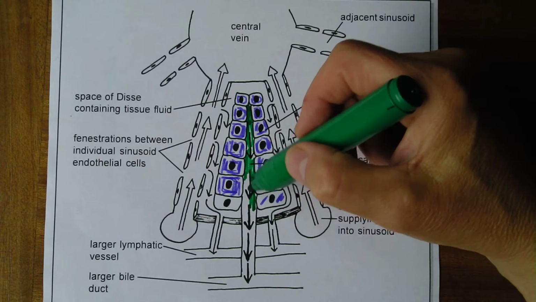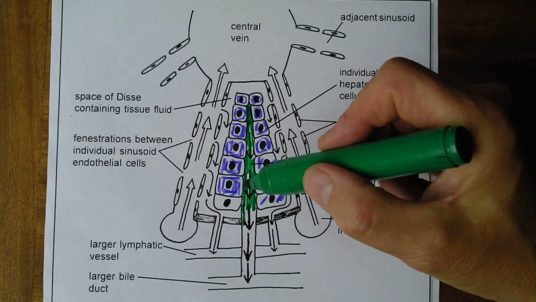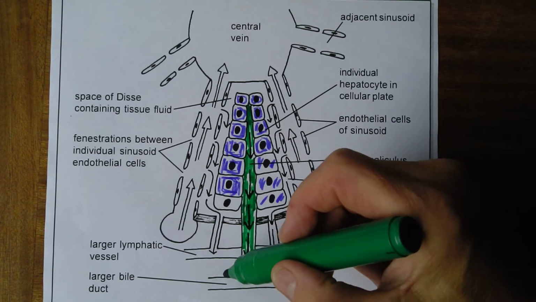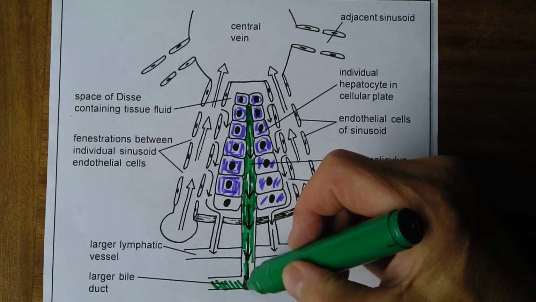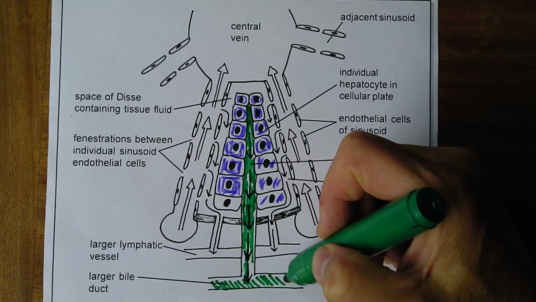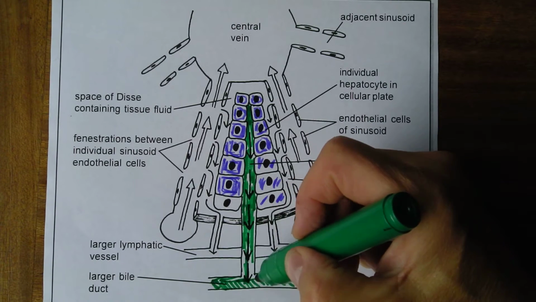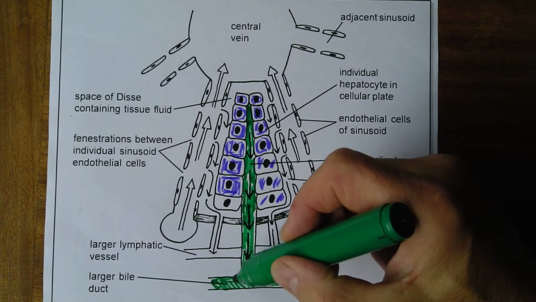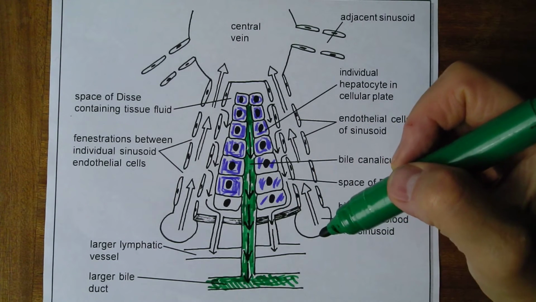And that bile goes into a canaliculi, which will drain into a bile duct. Ultimately, of course, going to the right and left hepatic ducts, joining the cystic duct to go into the gallbladder, and eventually on into the duodenum.